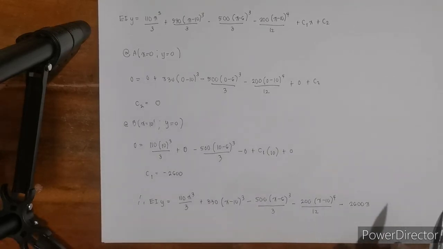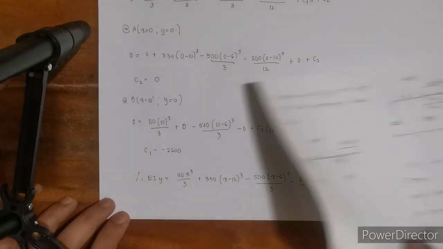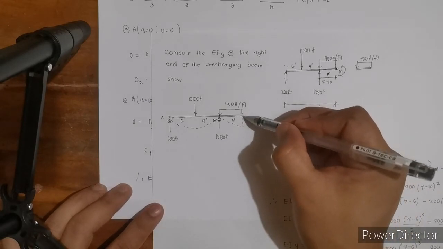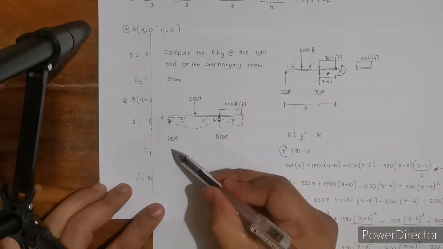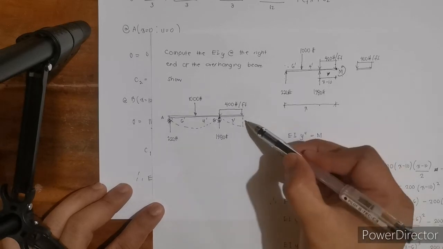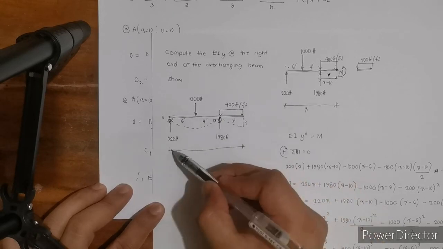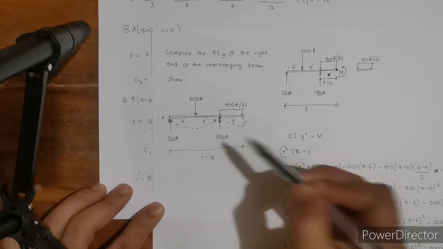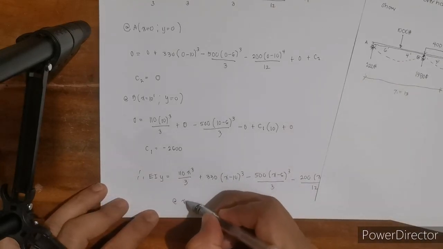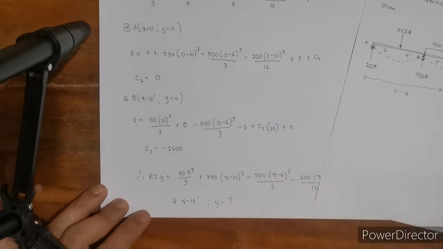Yan na mismo. So, para makuha natin mismo yung deflection natin, ang pinapakuha kanina, deflection daw sa overhang part. Sa overhang part natin, ang x natin ay a total of 13. So, para makuha yung y dyan, substitute natin x equivalent to 13. So, at x equivalent to 13 feet, what will be the value of y?